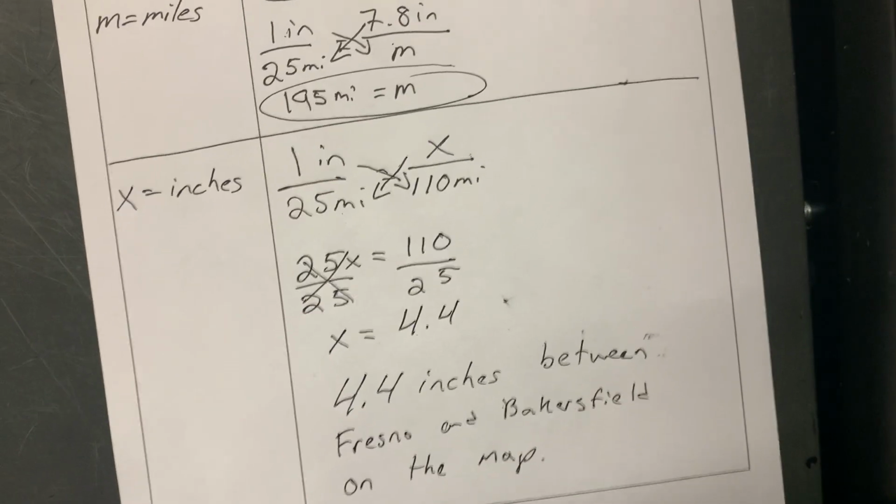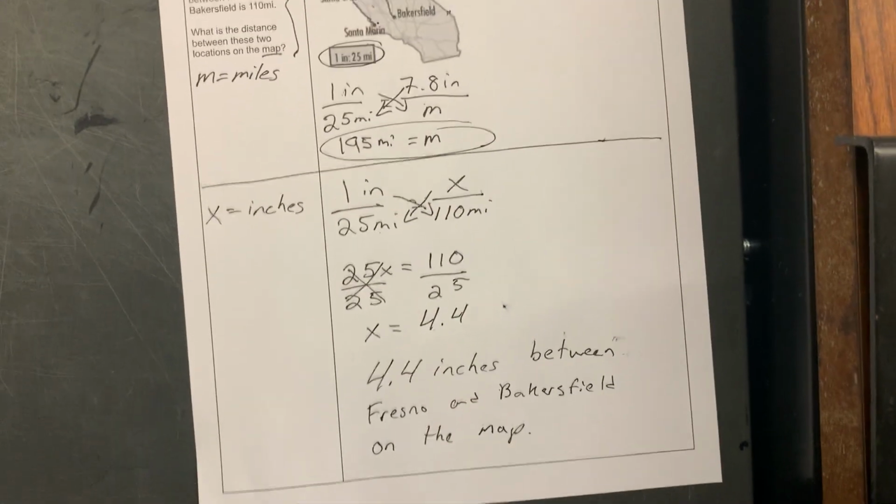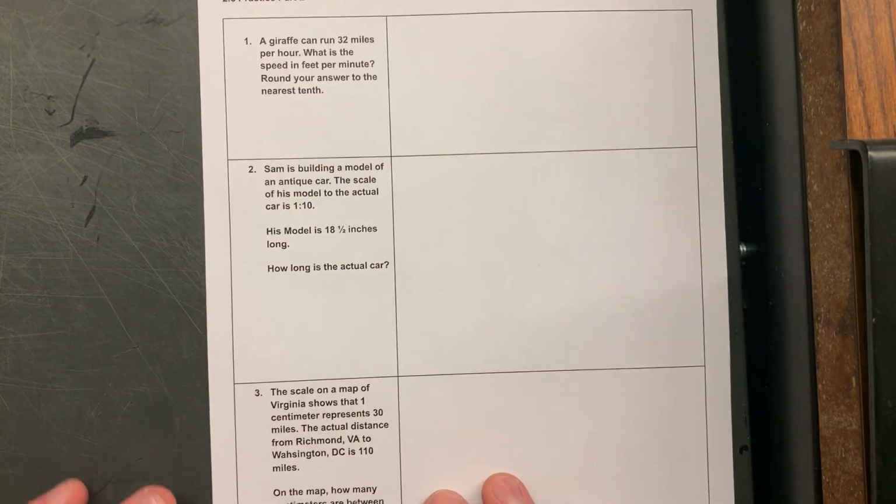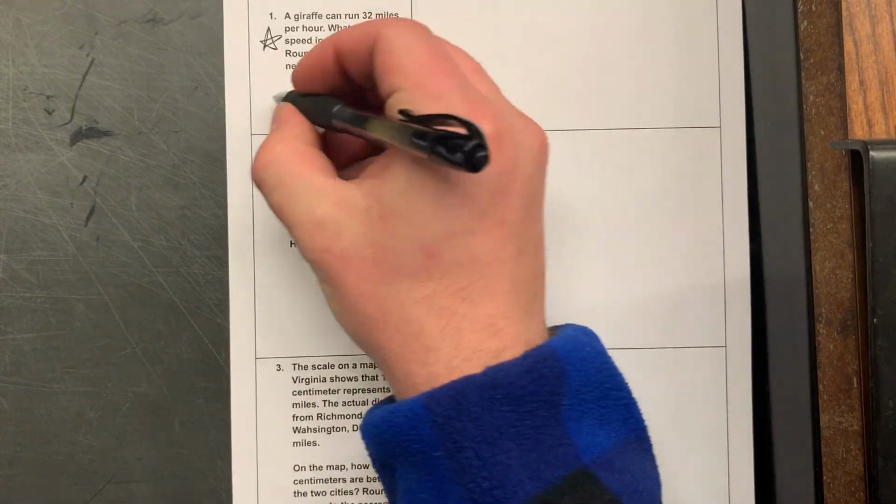What I'm going to ask from you guys next is to complete the practice problems for part 2. I have 3 problems that need to be completed. A giraffe problem again. This is going to be just like our first example from our guided notes today. This is like example 1.